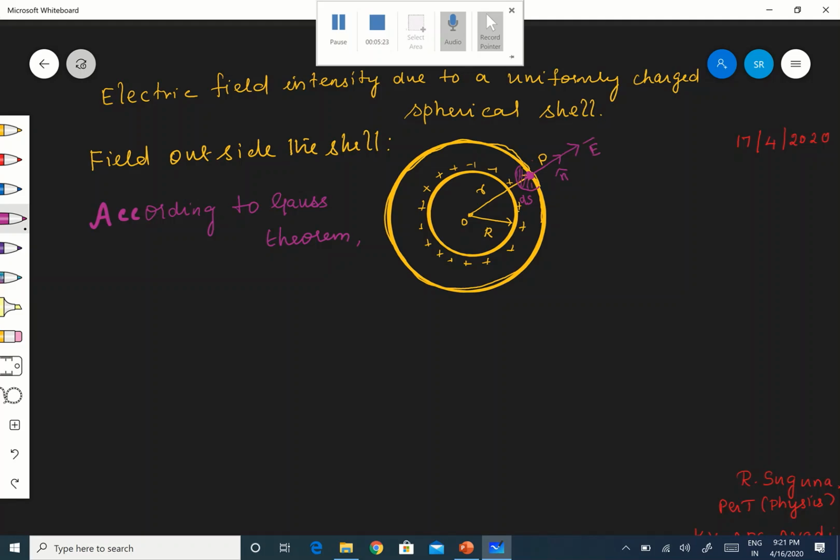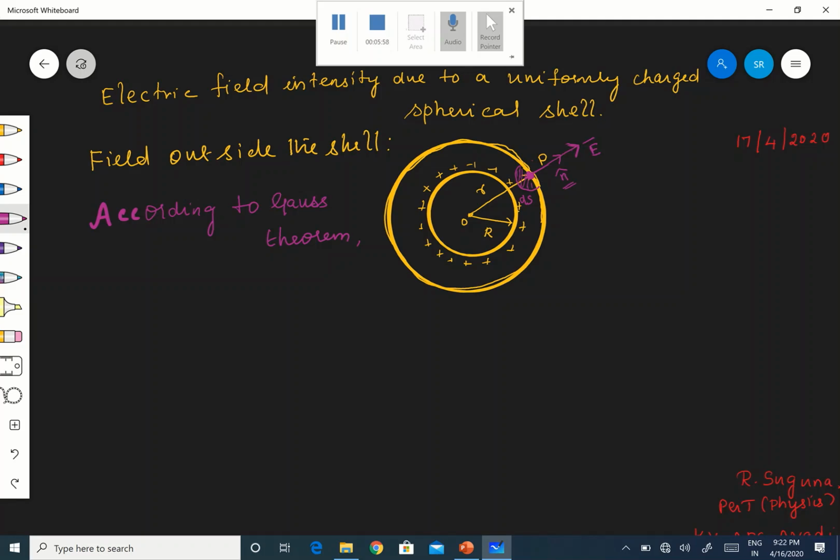So ds is a small area element, and its direction is given by the unit vector n. The electric field intensity is definitely radially outward, because if I keep a unit positive charge at this point, it will move in this direction. Therefore E and the area vector ds are in the same direction. I think you are able to understand, right?